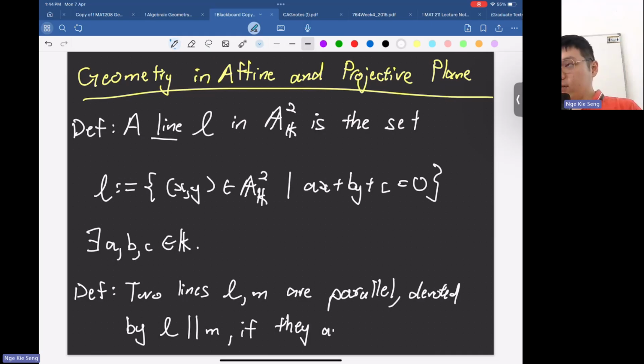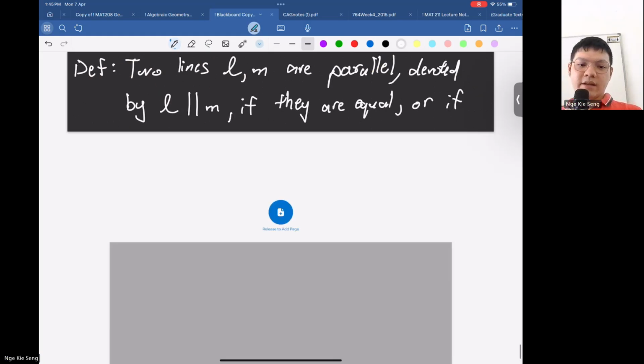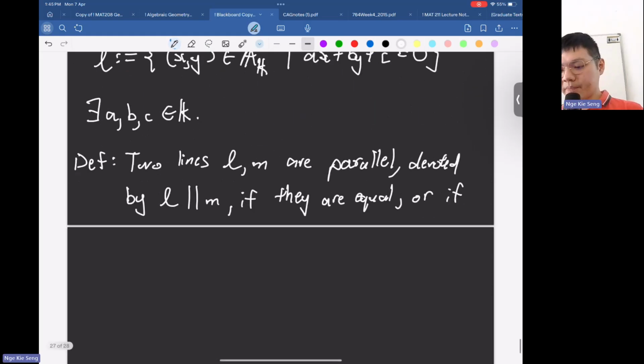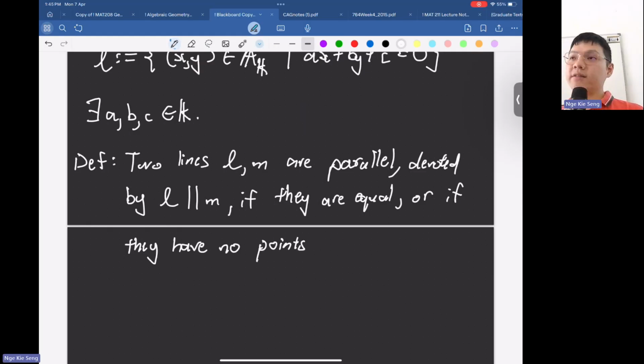Either they are equal, they are the same line, or they don't intersect. In other words, they don't have a point in common. So this is what parallel means. There's no common point. That's all. And then this will draw you the parallel line.